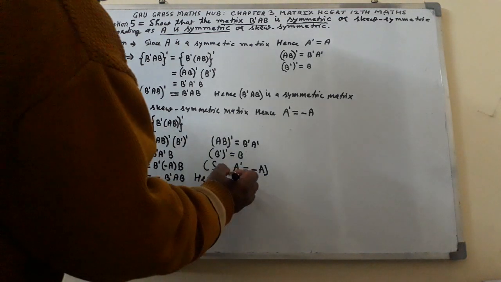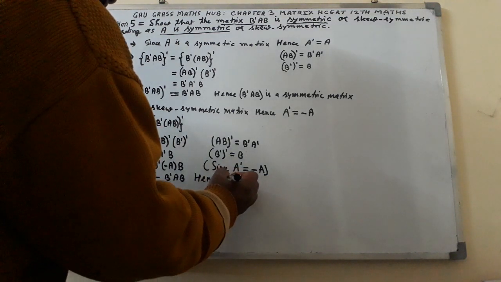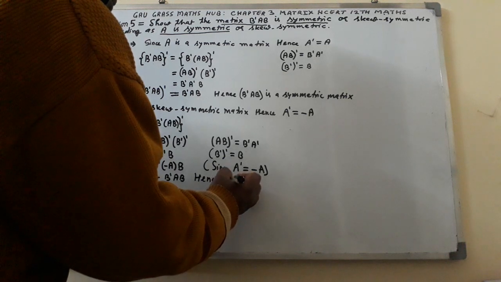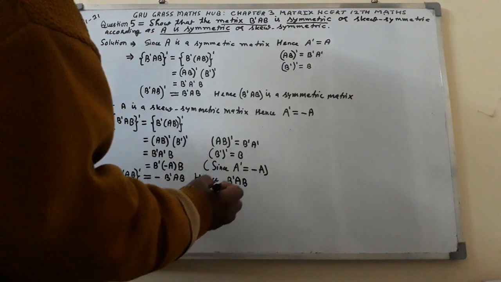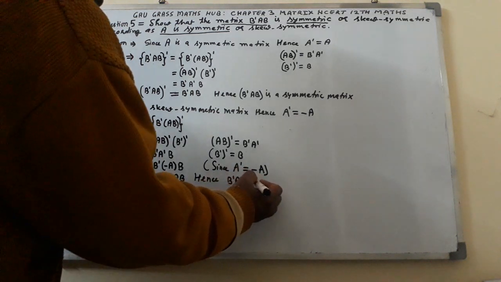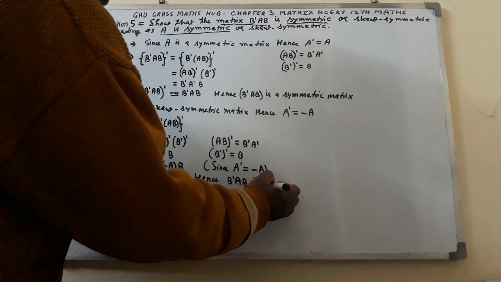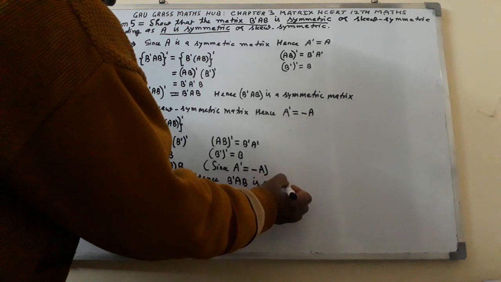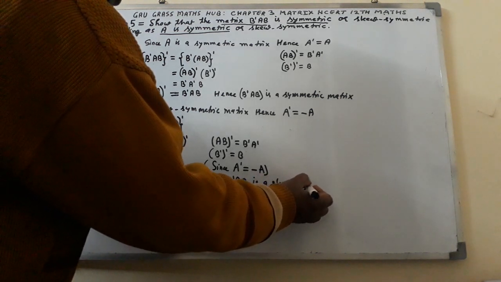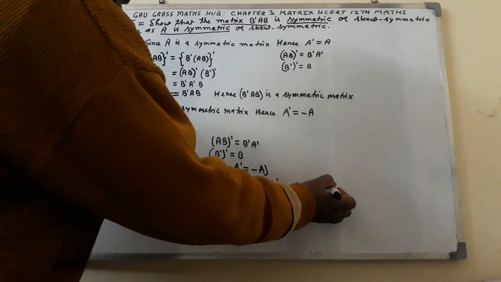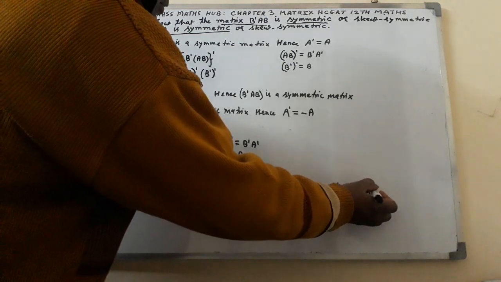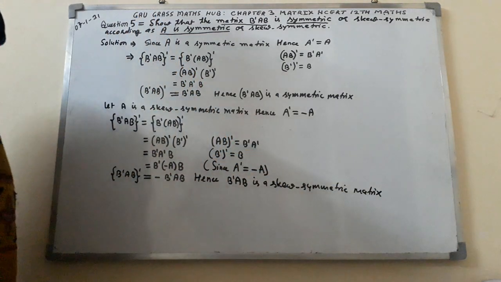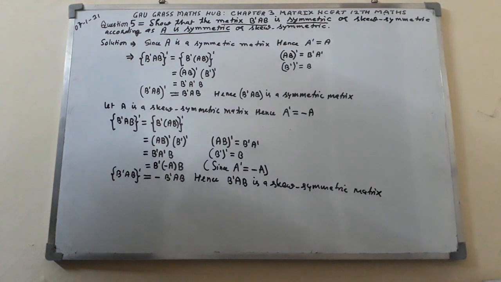Hence, B dash AB is a skew symmetric matrix. In this way, this question will be solved. Okay, guys, thanks.